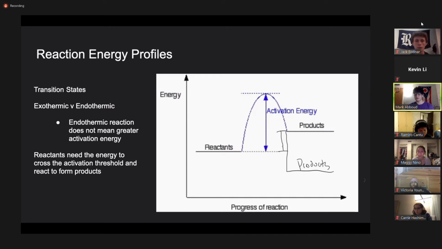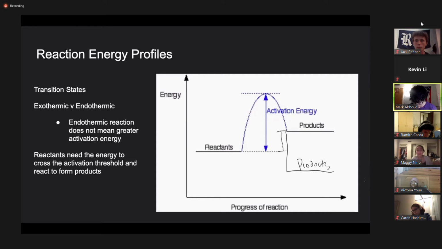The fact that it's endothermic or exothermic doesn't tell you anything about the speed of the reaction, or really it doesn't tell you as much as you think it would. It's really just determining the change of the energy in the products relative to the reactants, and that's what it's important for.